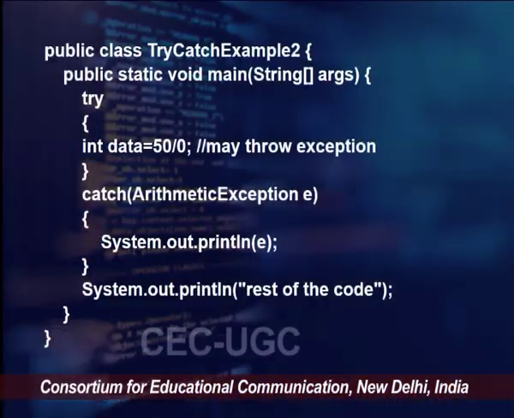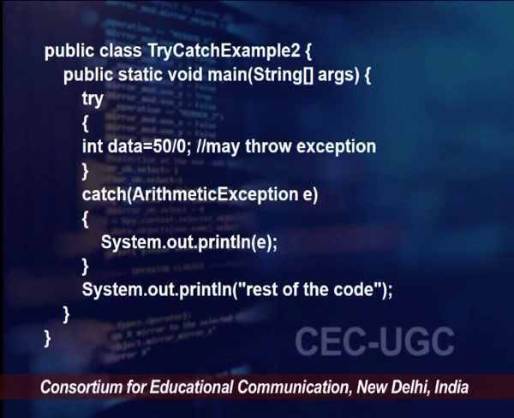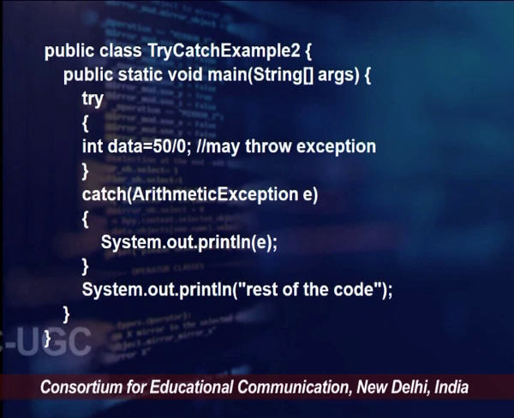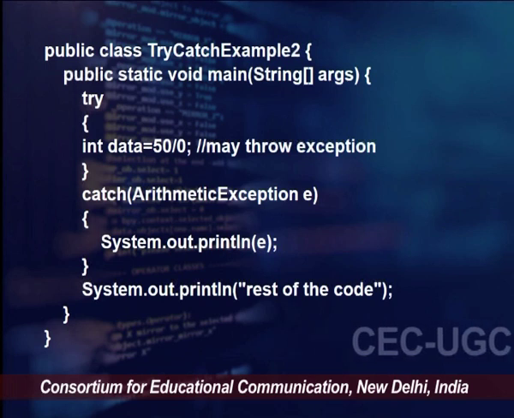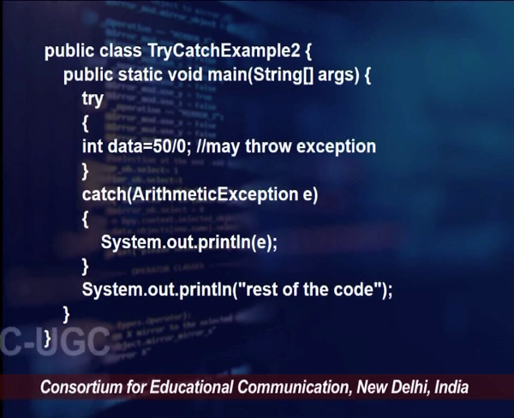Now, let us try to sum up with a particular program. Here, try is a block which has a statement which may throw an exception, and this try is placed inside a method, here the main method. That try has the statement int data = 50/0, which is going to throw an arithmetic exception.